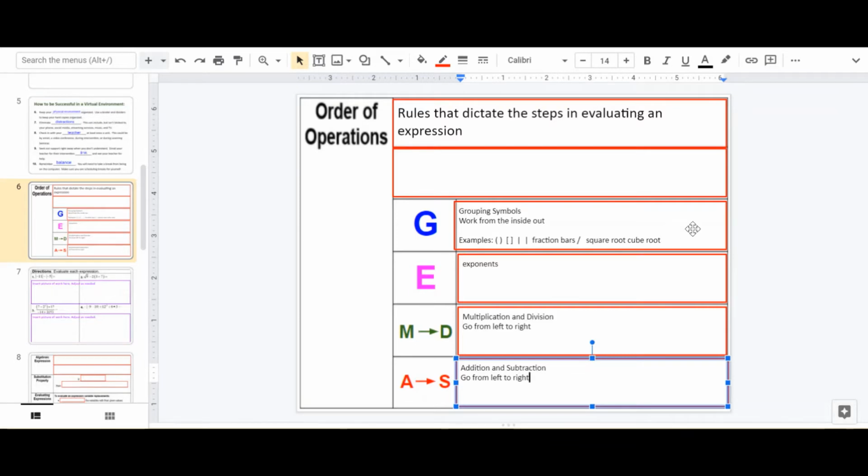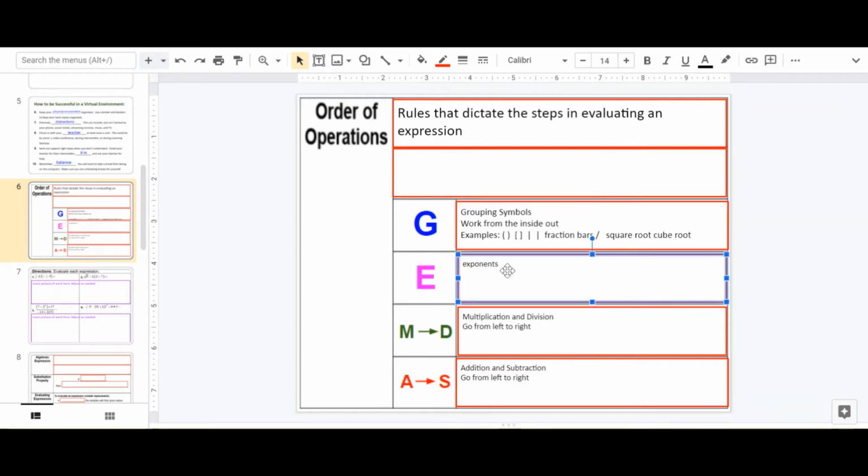And I am going to go ahead and make these a little bit bigger so I can read them. And if you want to mess around with fonts or anything, that's fine too.